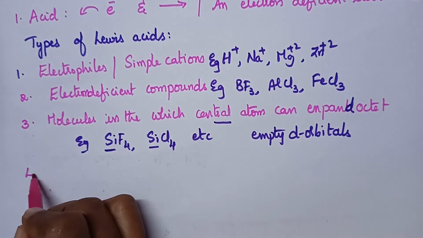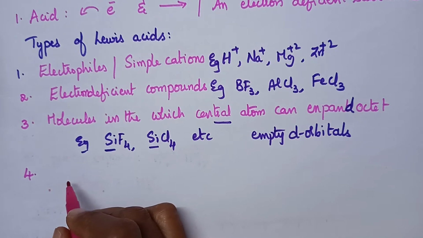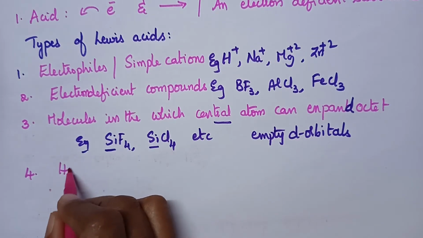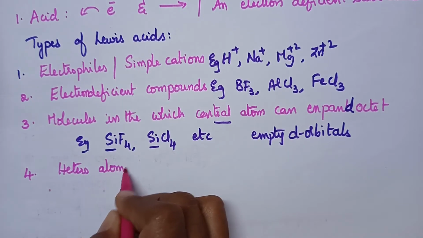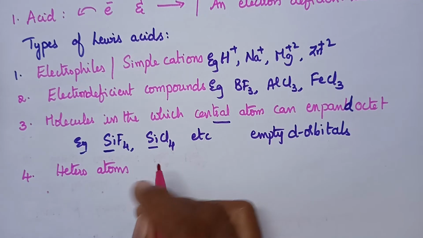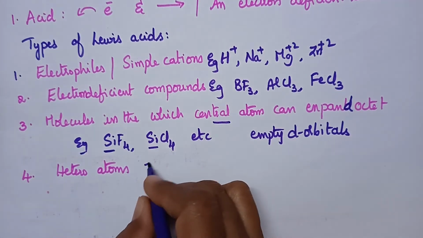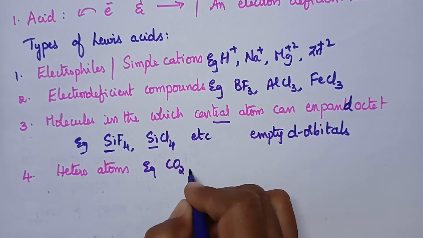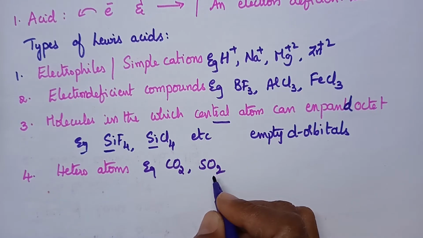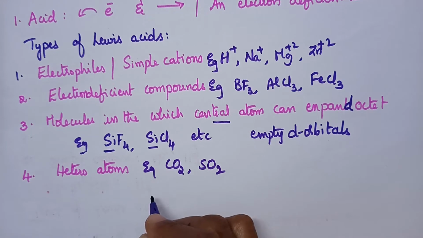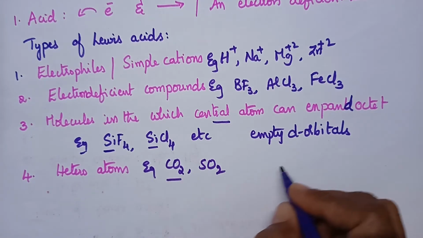At the same time, if the molecules contain a double bond between the heteroatoms, such as CO2, SO2, they can also act as Lewis acids. For instance, let us consider the structure of CO2.